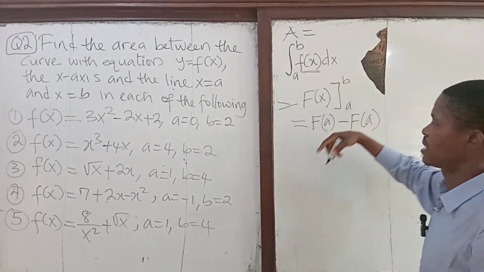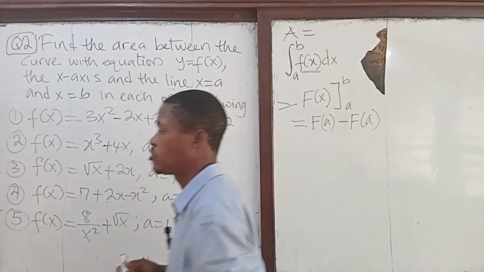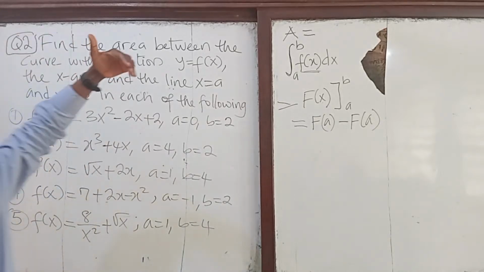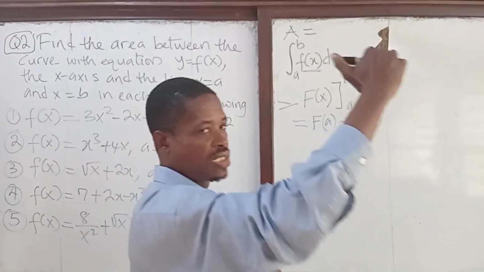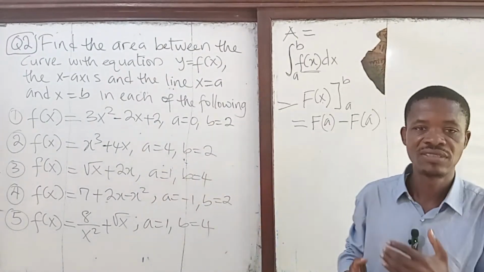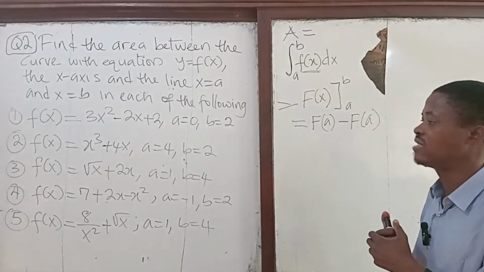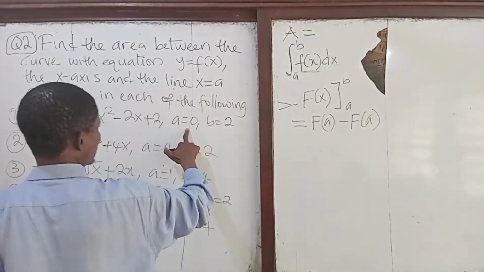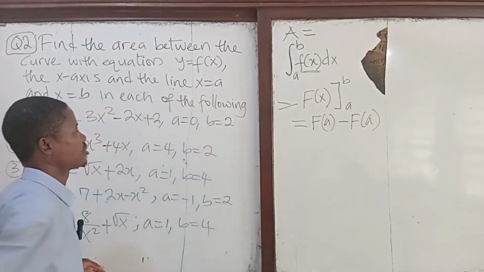That's the technique we're going to use for these questions. From a, the lower boundary, to b. f of x is already given for each of those cases.